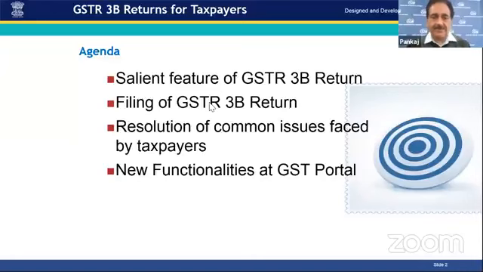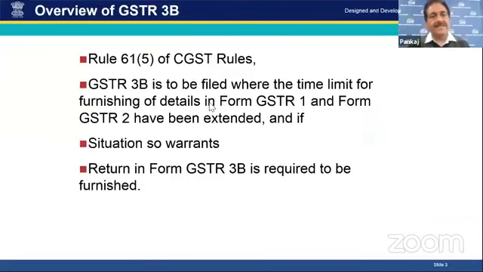So to start with, GSTR 3B is a return mandated in the circumstances when the time limit for furnishing of details in Form GSTR 1 and GSTR 2 have been extended. So in that case, it is required to file GSTR 3B.